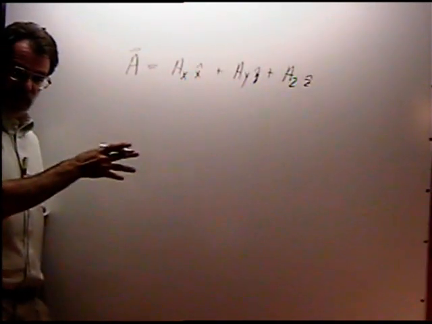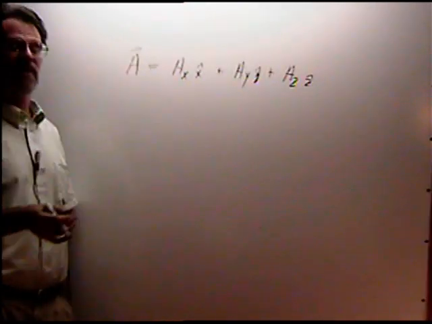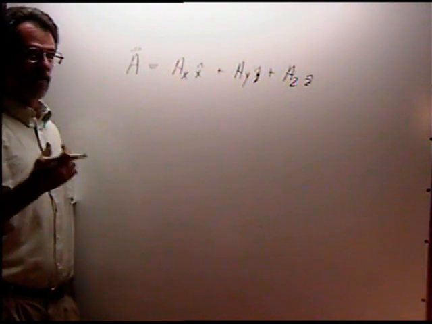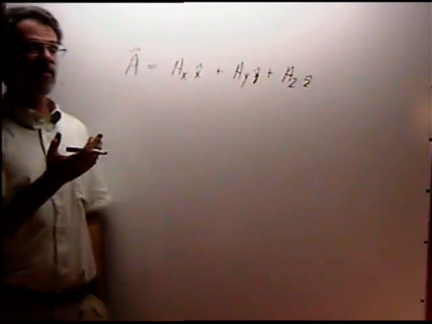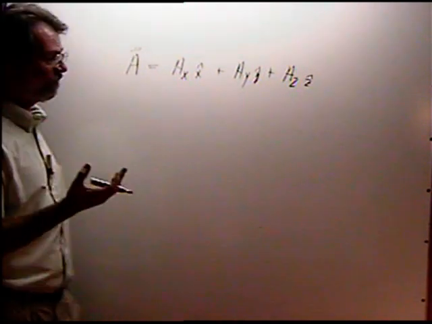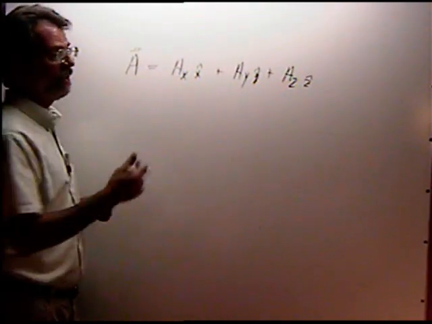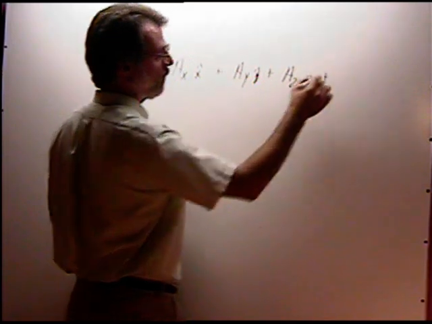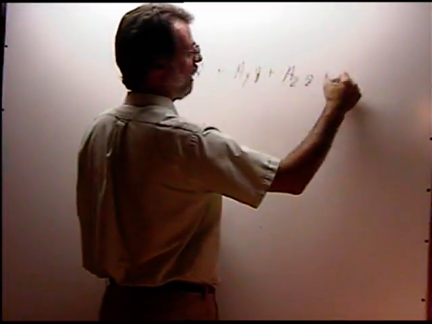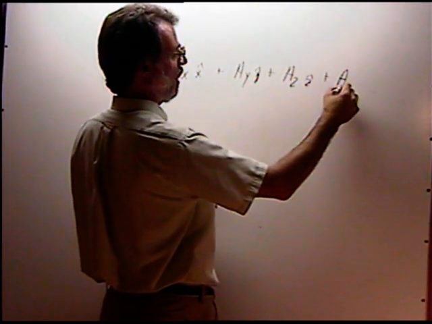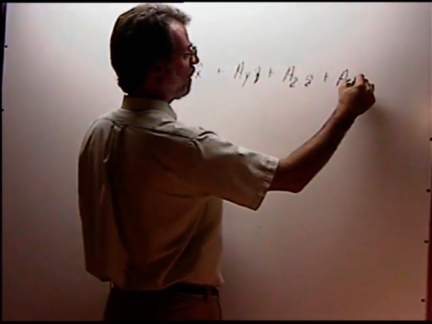Do we have to stop there? Actually, in order to visualize it, we probably do. I can't visualize a four-dimensional vector. However, mathematically, there's no reason why we couldn't add another one. We'll call it AP, in the P direction.